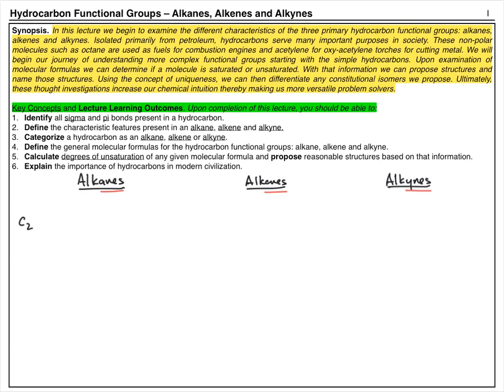So I'm going to draw the C2 hydrocarbon alkane, which is ethane. That would be a typical bond line formula for ethane, but I want to actually put in the hydrogens, and I'm going to do so using the wedge-dash convention as well. Each carbon has 3 hydrogens.